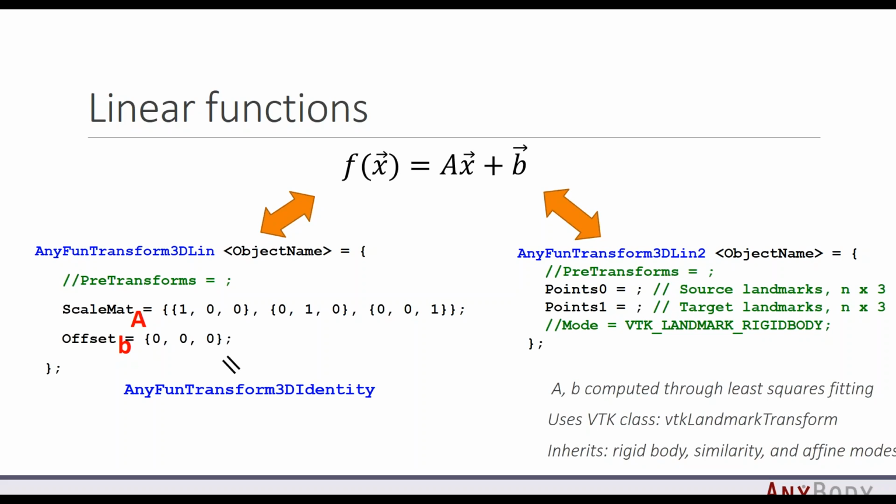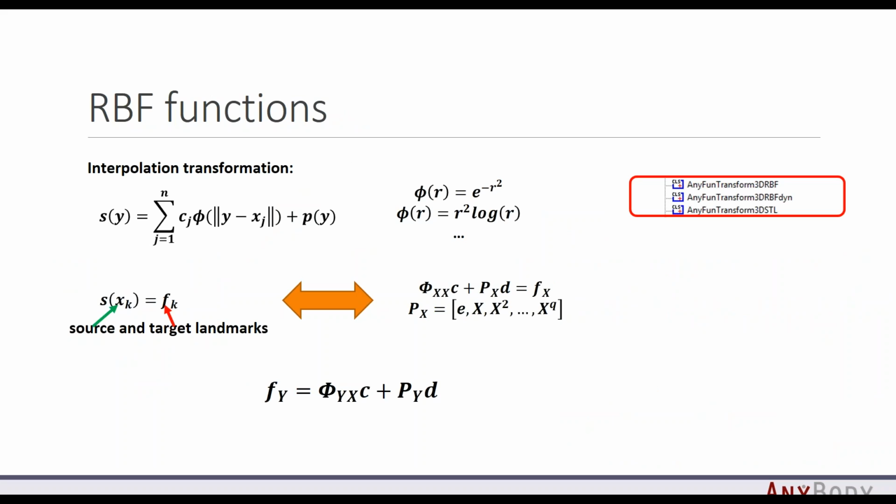Because we use an implementation from the VTK library, we can do it in the rigid body mode, in the similarity mode, also called uniform mode, and in affine mode. That basically computes this A and B automatically. These are very useful classes. I will explain in a second how they can be used. But let's have a look at the nonlinear functions.